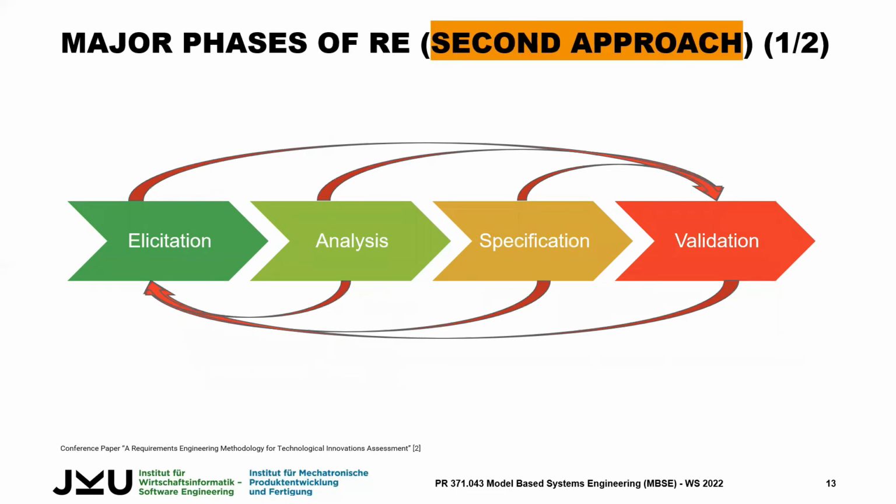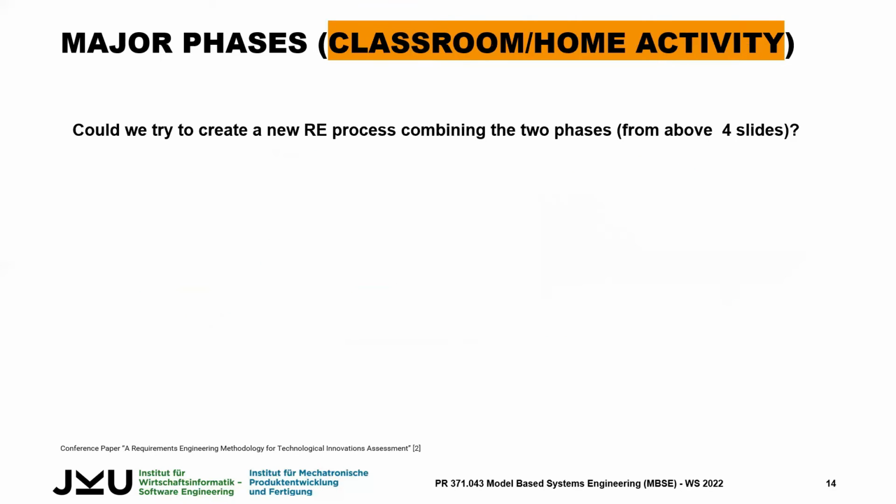Okay, so this is another one: elicitation, analyze, specification, validation. This is another way of thinking. So could we create a process here to mix these two? I could create it, but to have some sort of brainstorming session, I didn't do it.